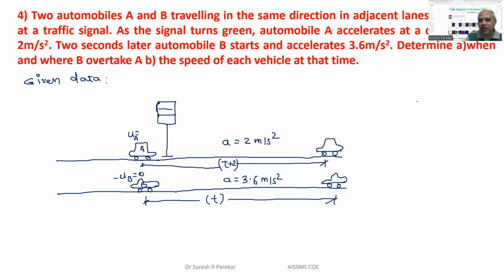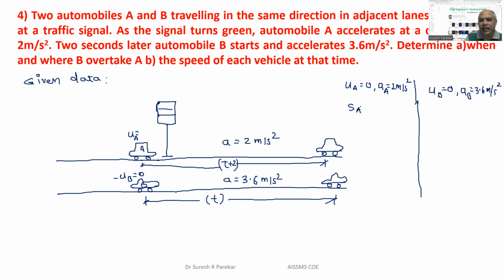So now we can go to the problem. We have to find out when and where B overtakes A. Now the data we will write: UA 0, AA 2 meter per second square. Then we have UB 0, AB we have 3.6 meters per second square.